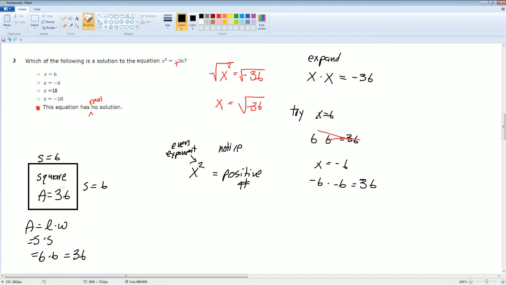There's no combination of these values that can get you negative 36, correct? There's no two values here, okay? So technically, you can't get a negative area, okay? This is a geometric way of sort of proving this without getting deep into complex numbers and imaginary numbers, okay?